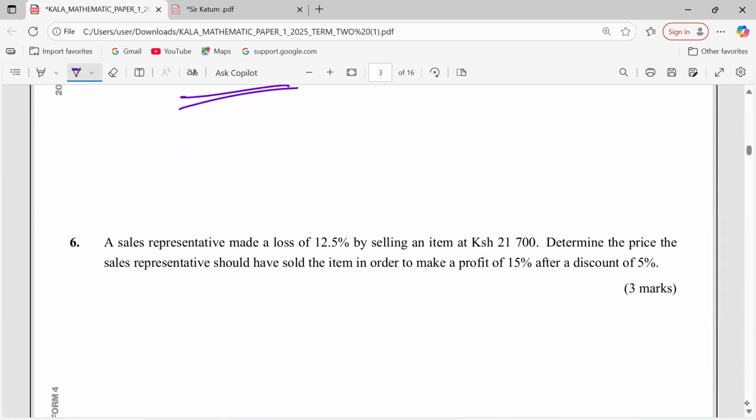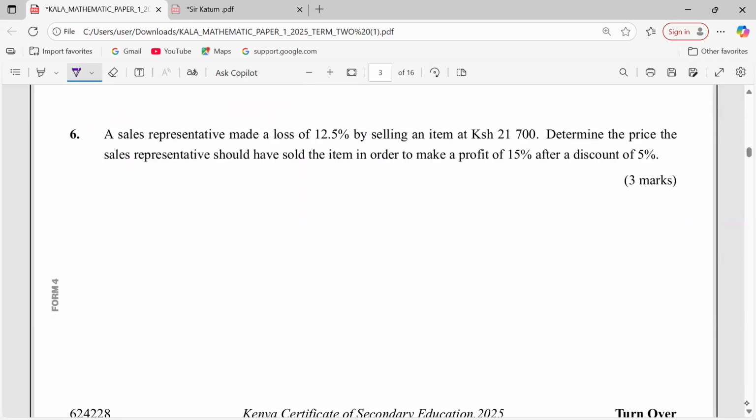Number 6. Let's check number 6, from commercial arithmetic. A sales representative made a loss of 12.5% by selling an item at 21,700 Kenya shillings.